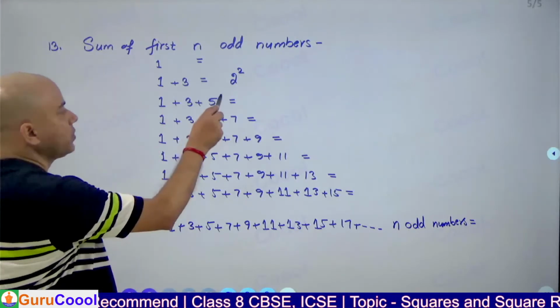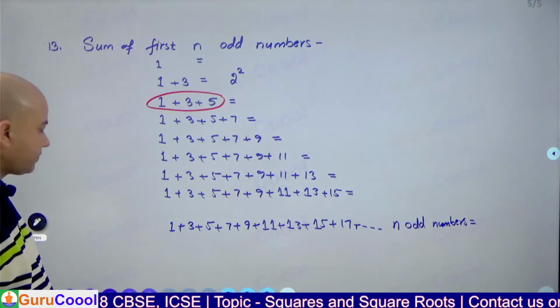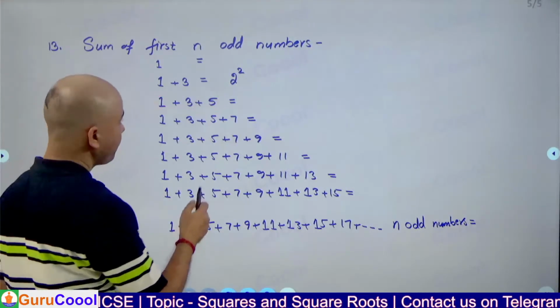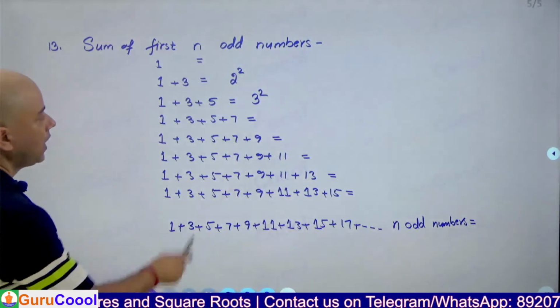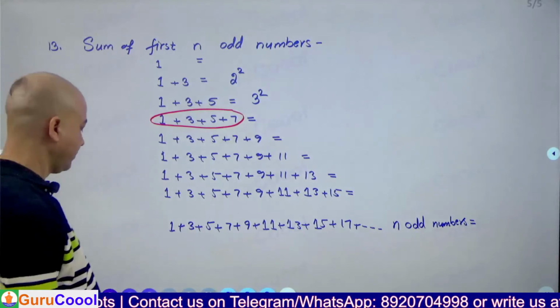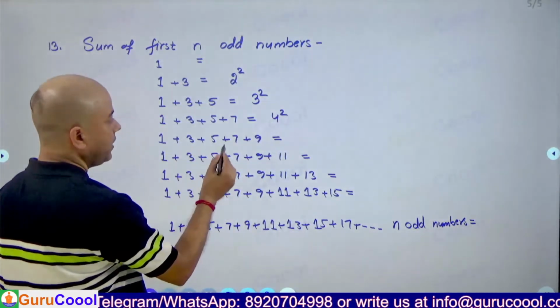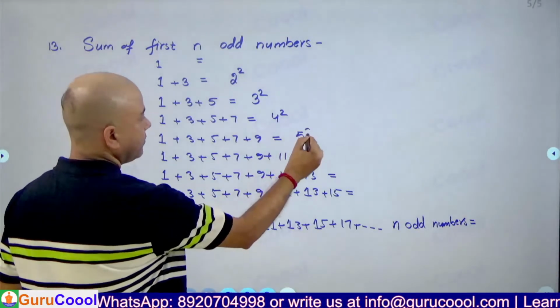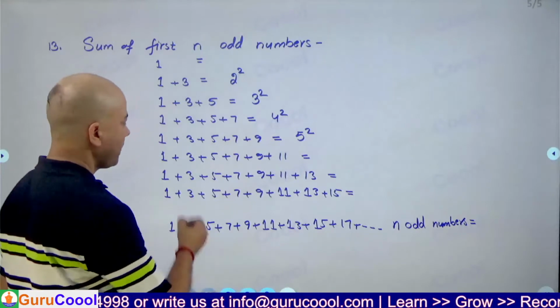How many odd numbers do you see here? Sir, 3. So square 3. Answer is ready. How many odd numbers here? 4. Square 4. 5 odd numbers here. Square 5. If you add them all, you will get 25.